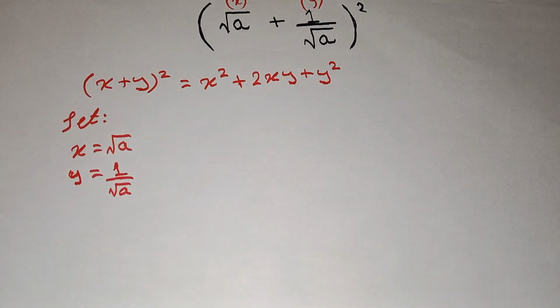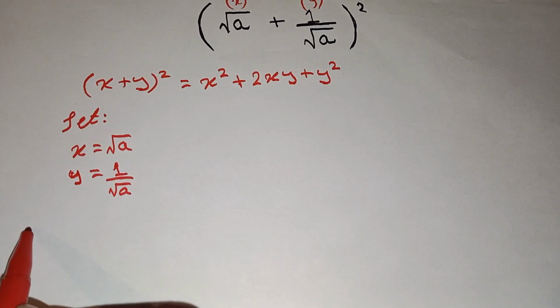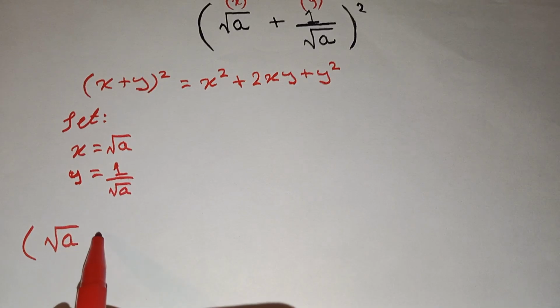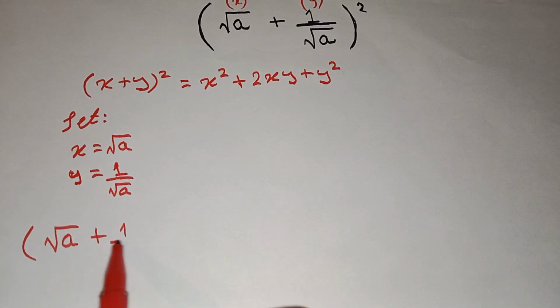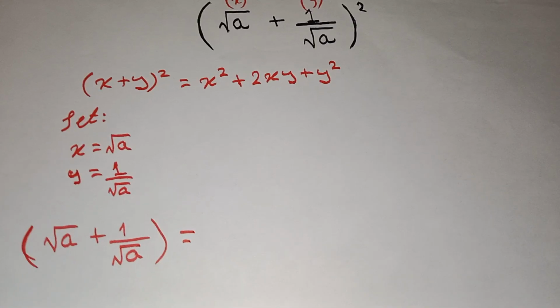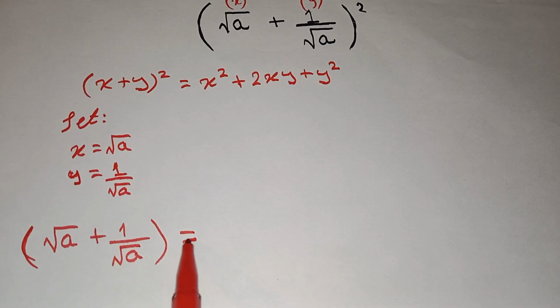Now first we will write the question. The question is (square root of a plus 1 over square root of a) whole square, equal to.